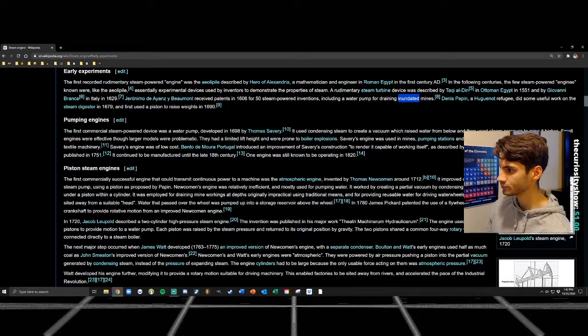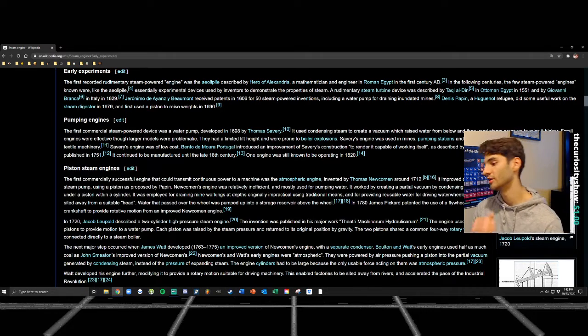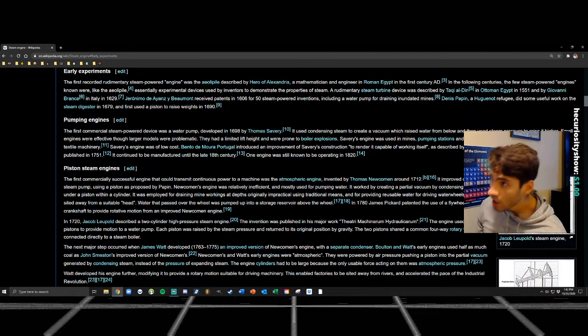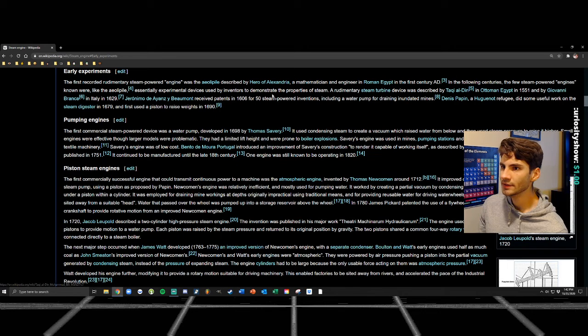Okay. So when the tsunami came and hit Japan, Japan for a brief period of time in certain areas was inundated. I believe that would be the correct usage of the word. Received patents in 1606 for 50 steam-powered engines, including a water pump for draining inundated mines.